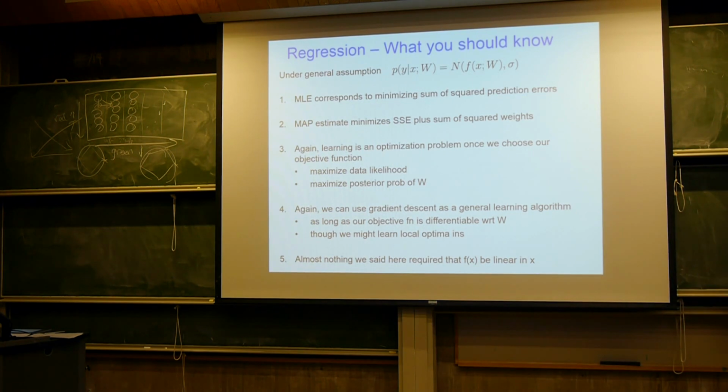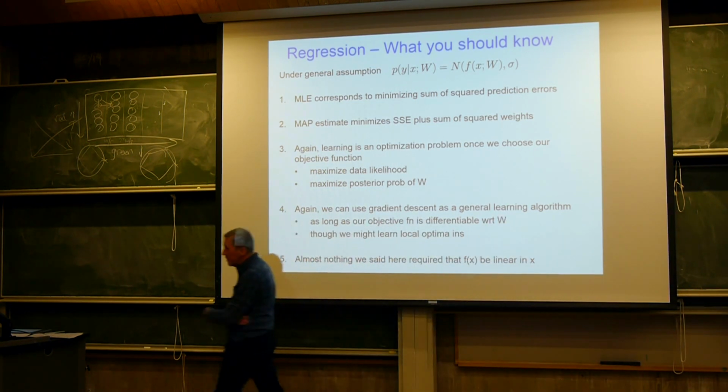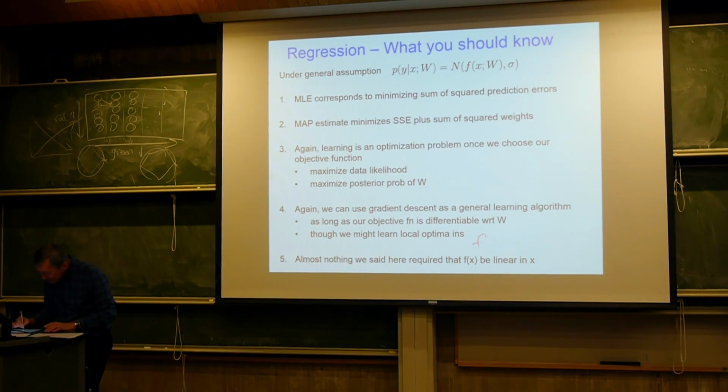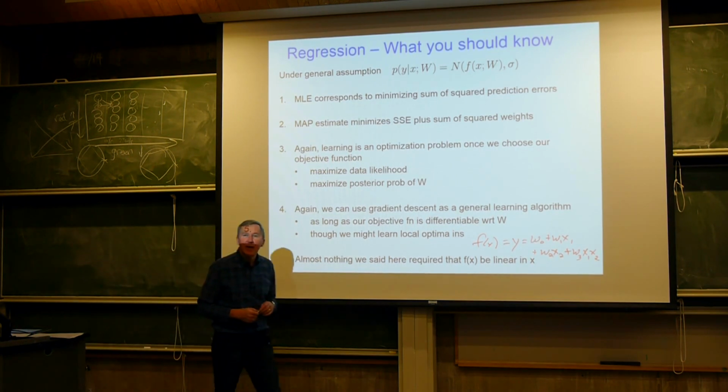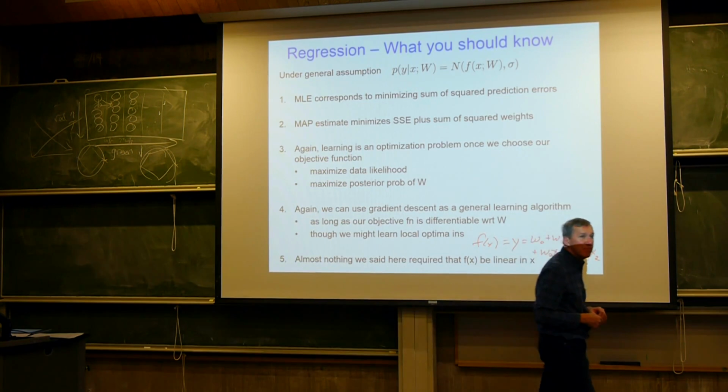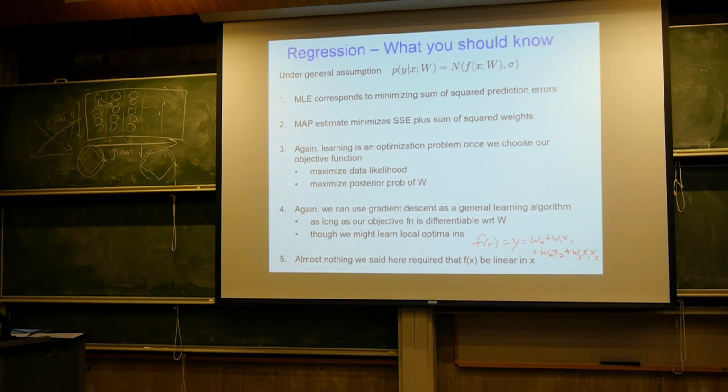If I asked you, for example, on a homework or a midterm, to instead consider a problem like, oh, I don't know, y equals w0 plus w1 x1 plus w2 x2 plus w3 times x1 times x2, you could probably derive a great gradient descent-based machine learning algorithm, which is guaranteed to maximize the conditional likelihood of that vector of w's given the observed data.